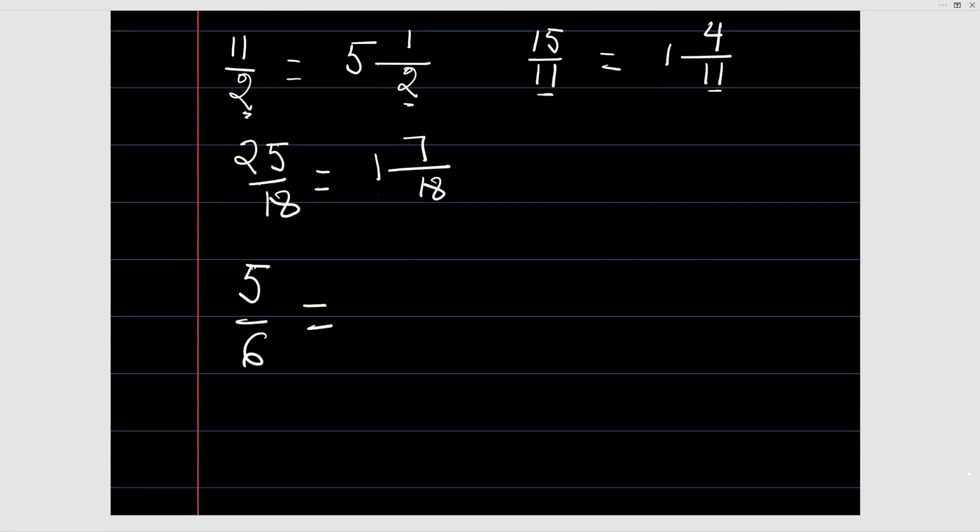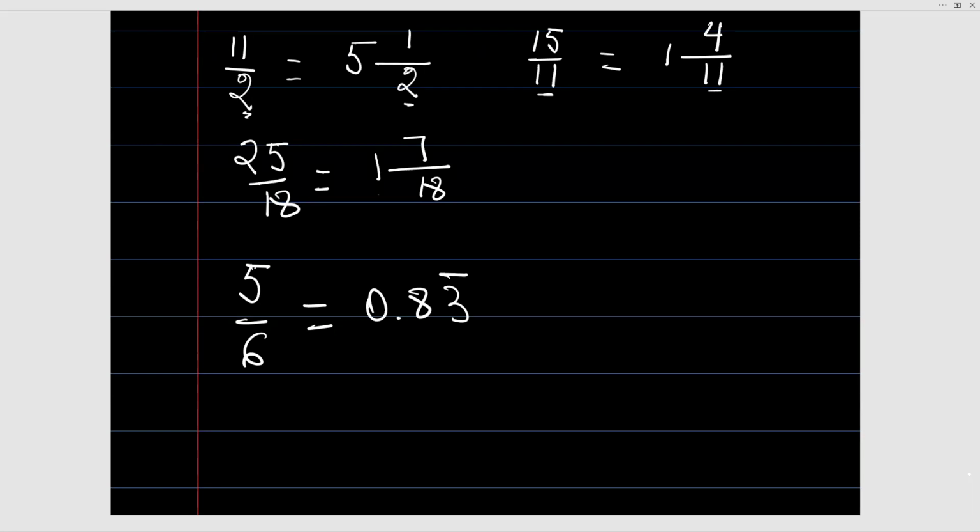If you get your calculator and divide this as a decimal, 5 divided by 6, you're going to have 0.83, and that 3 is continuous. All right. That's what I told you earlier. A proper fraction, when you divide that, you're going to have a decimal number that is less than 1.